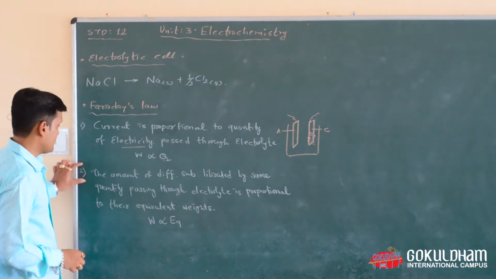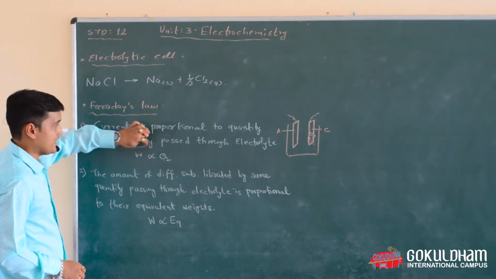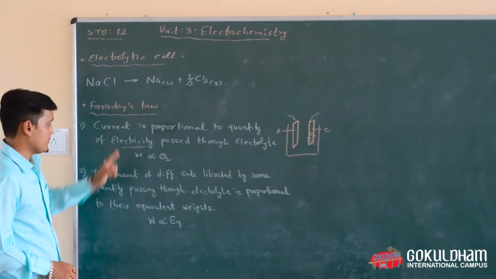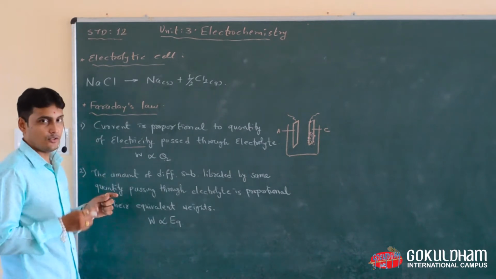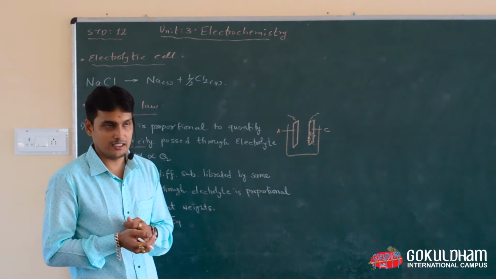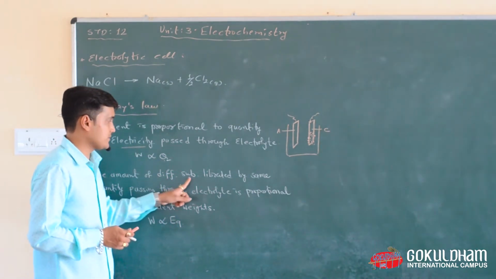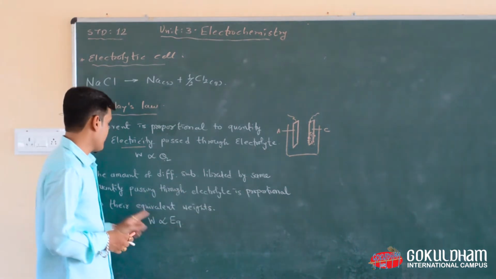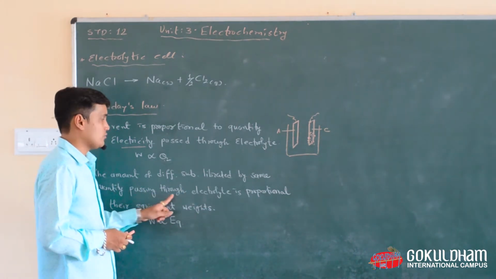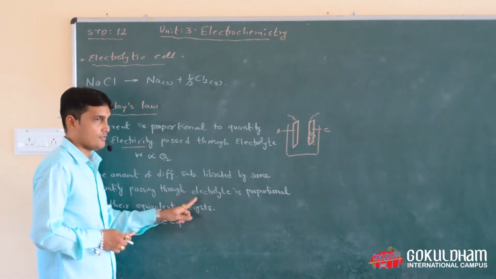In the second rule, there is one metal or one metal pair, but when more than two substances are used in series in an electrolytic cell, then the rule is that the amounts of different substances liberated by the same quantity of electricity passing through the electrolyte are proportional to their equivalent weights.